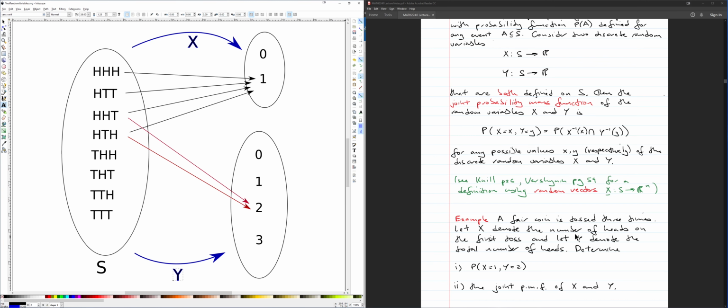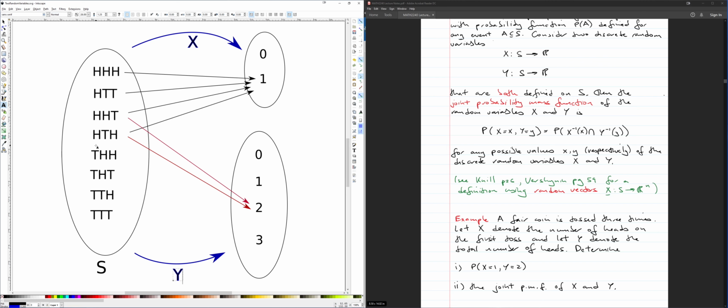And you have a second random variable, which is y. For the same experiment and the same sample space, y is the total number of heads. For example, for this outcome, the number of heads is 2, so the value of your random variable is 2.